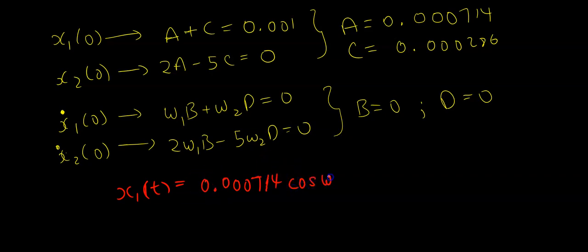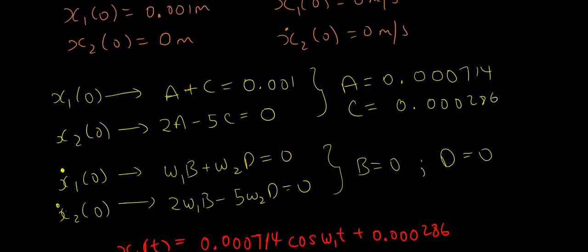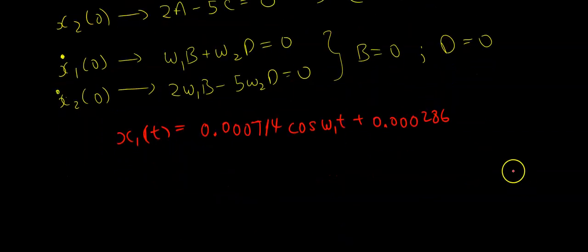Cos omega 1 t, and then we're going to have c plus 0.123286 cos as well, cos omega 2 t. So you're going to end up with this expression here.